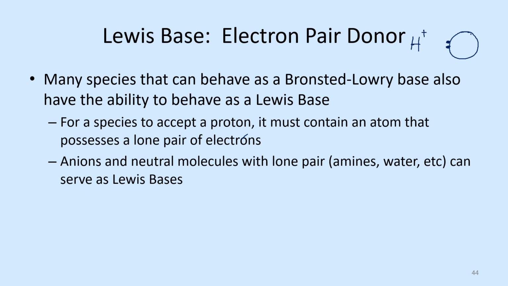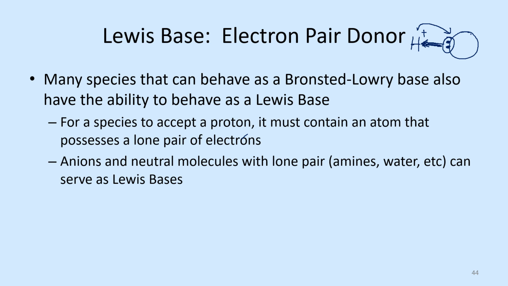You can think of it as a proton acceptor because it's accepting the H, or you can think of it as an electron pair donor, because the electron pair is what's grabbing the hydrogen. Instead of the electron pair being all by itself, it's donating to the hydrogen to create a bond between them. So it's really the same idea, just a different way of describing it.